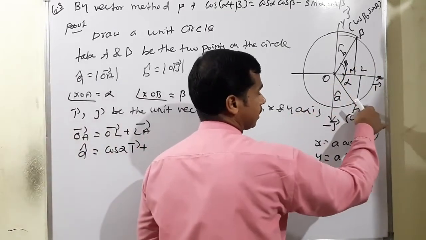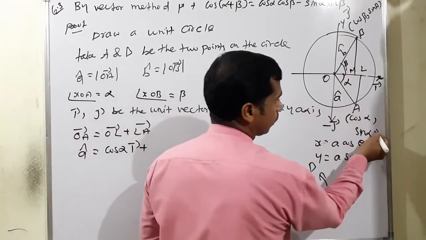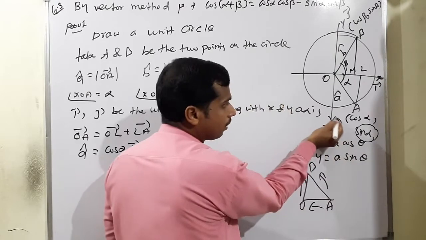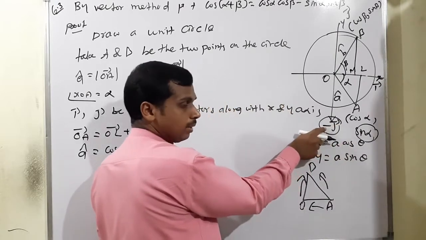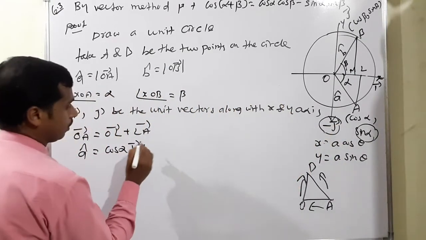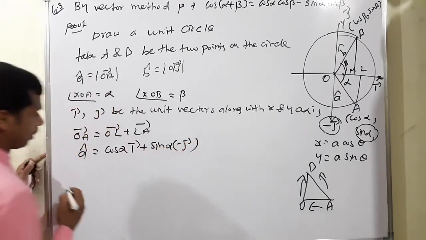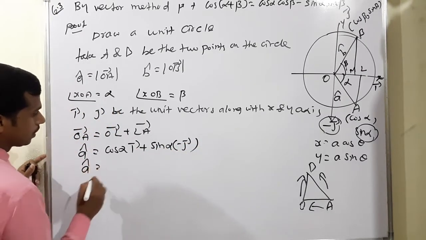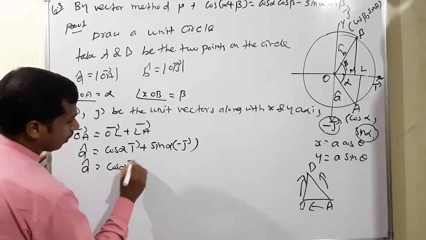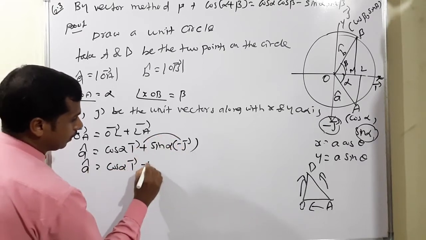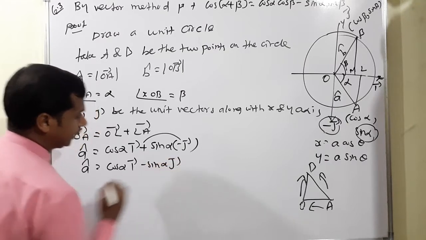LA is along the y-axis, with value sin alpha, but the y-axis downside means negative j vector. Therefore, A cap is equal to cos alpha i vector minus sin alpha j vector.